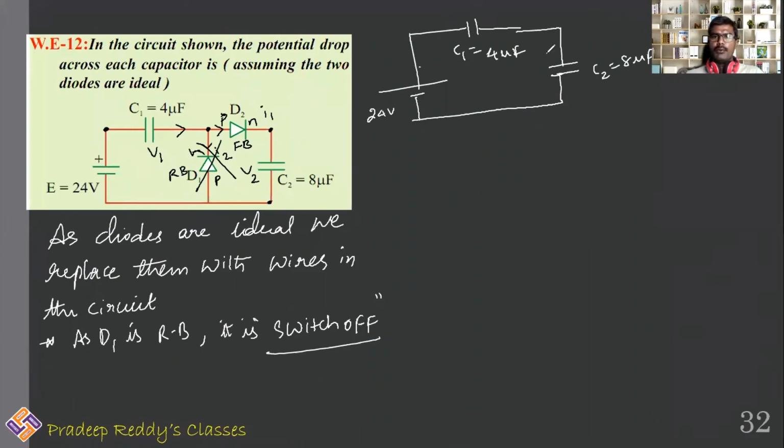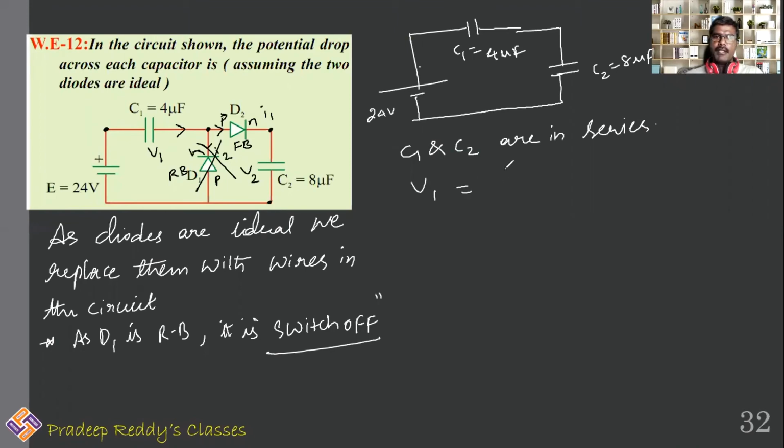In order to find out potential drop across each capacitor, these two capacitors are connected in series. So C1 and C2 are in series. So as C1 and C2 are in series, we can write voltage dropped across this C1 is V1.